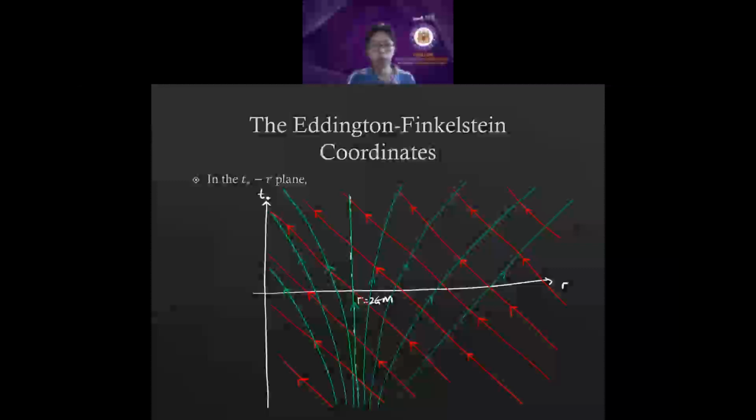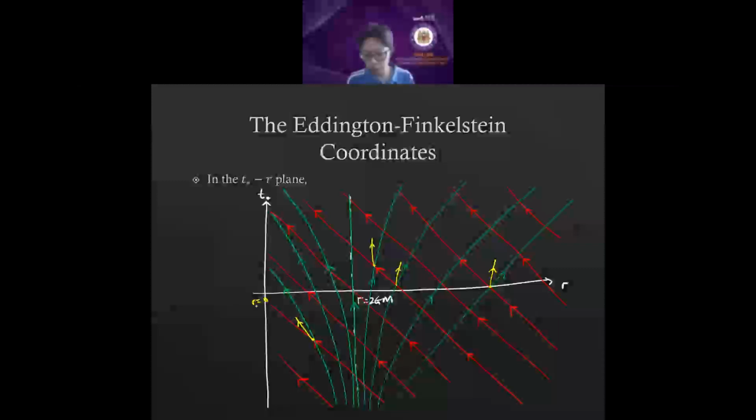So for someone at this point, it can travel in this direction. For someone at this point, it can travel in this direction. It could still travel in the increasing r direction. So someone here can still travel somewhere like this. But for someone at this point, for example, he or she would have no choice but to go towards r equals 0.